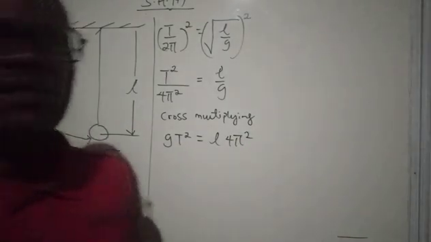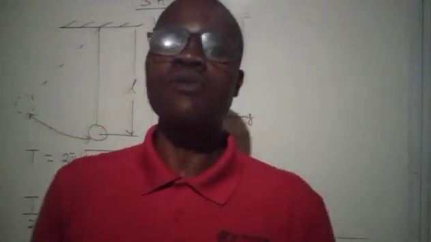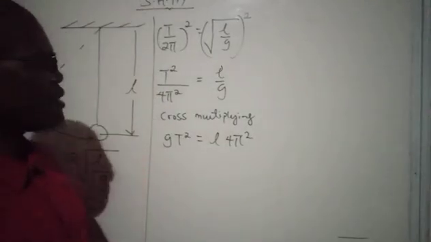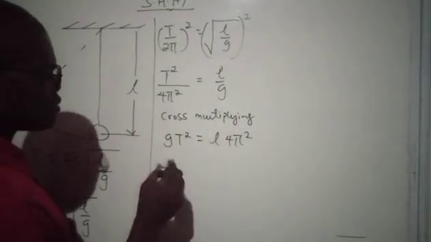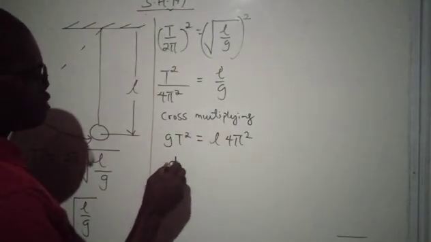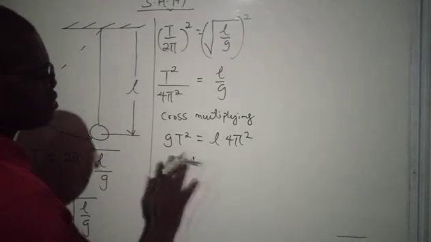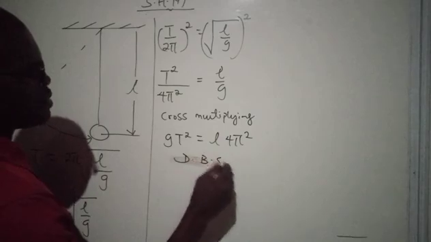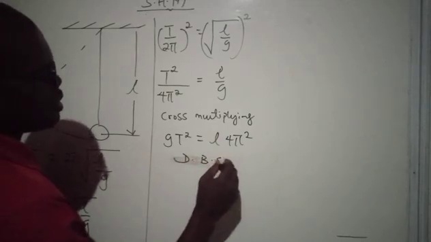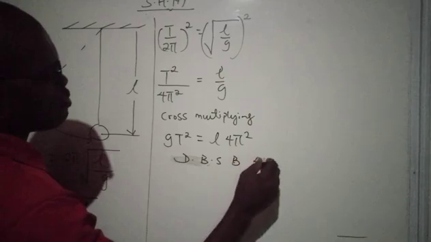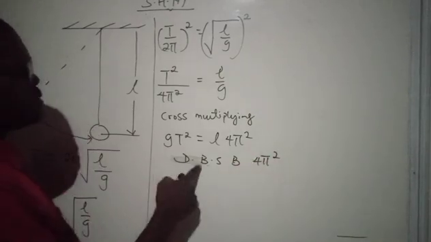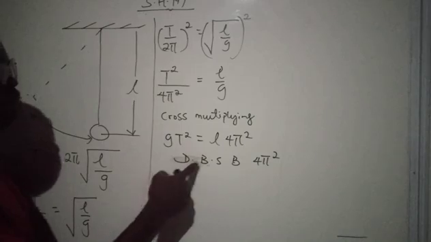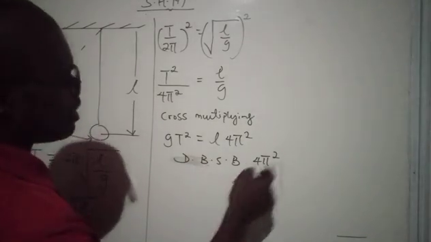So you can see that we can now make L stand alone by dividing both sides by 4 pi squared. So dividing both sides, or DBS, I shortened it as DBS, divide both sides by 4 pi squared.